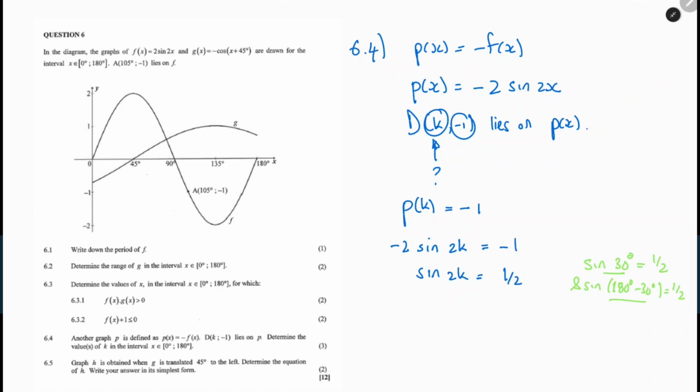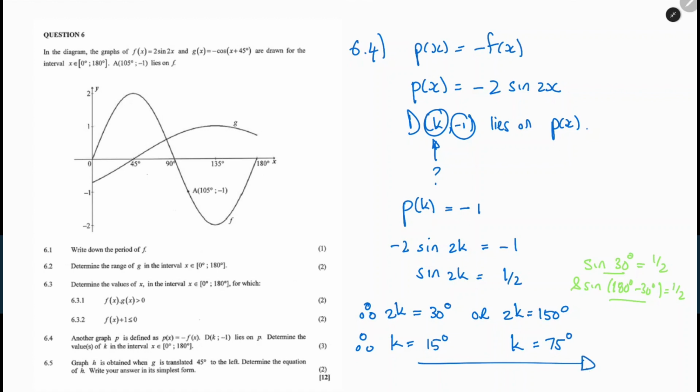Okay, so continuing, therefore 2k is equal to 30, or 2k is equal to 180 minus 30, which is 150. So therefore, k is equal to 15, just dividing by 2, or k is equal to 75, again just dividing by 2.